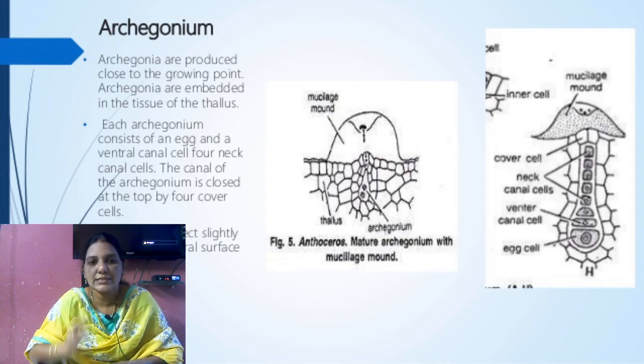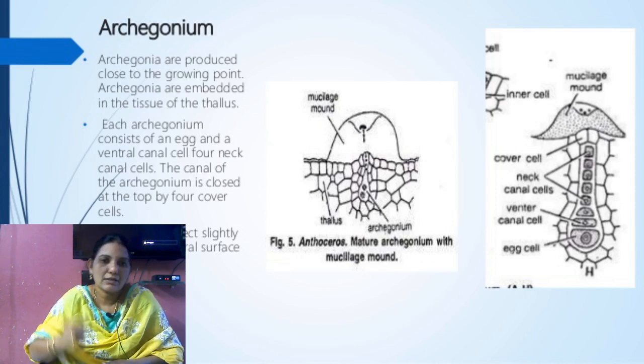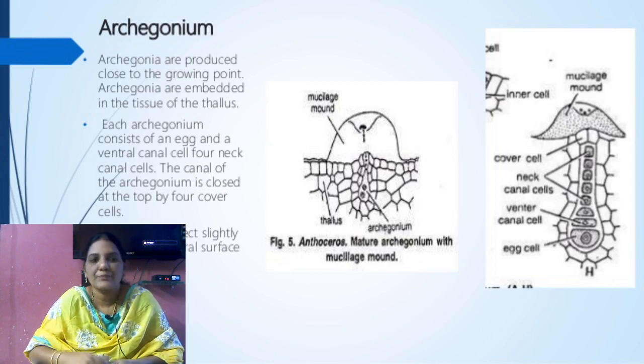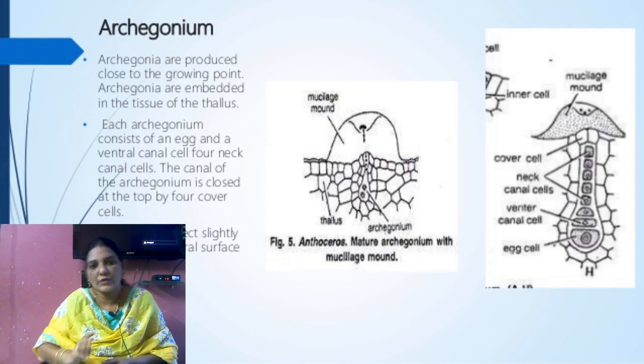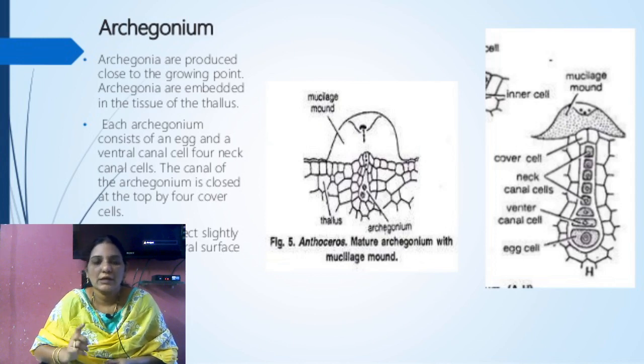The 4 cover cells cover the upper side of the neck part, and the 6 neck cells cover the neck part only. Then the lower cell, the venter canal cell, again divides into 2 cells.